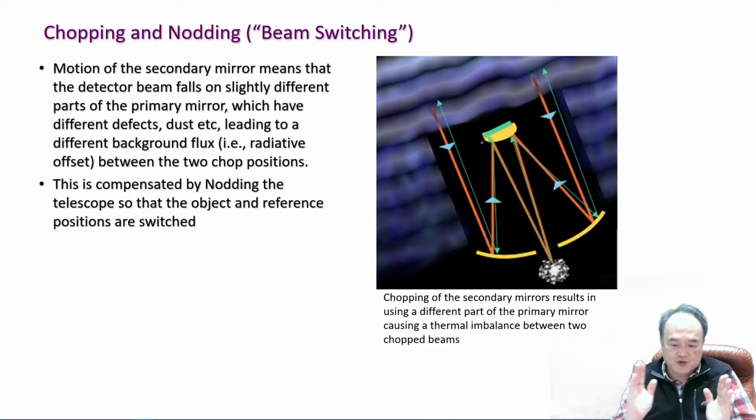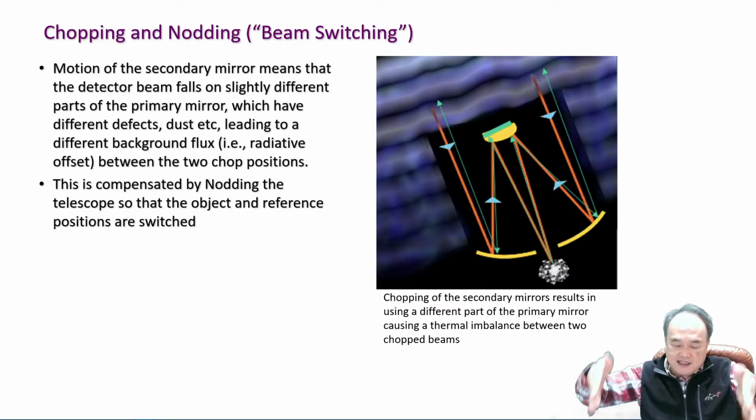It's slightly shifted. So that is illustrated in these two beam paths. One is the orange beam, that's the regular, normal A direction. Then when the secondary mirror is chopped, now we are seeing this cyan light path.